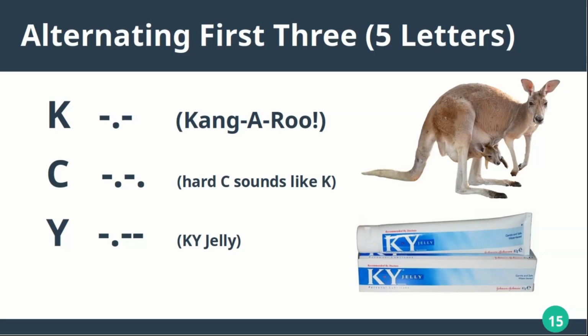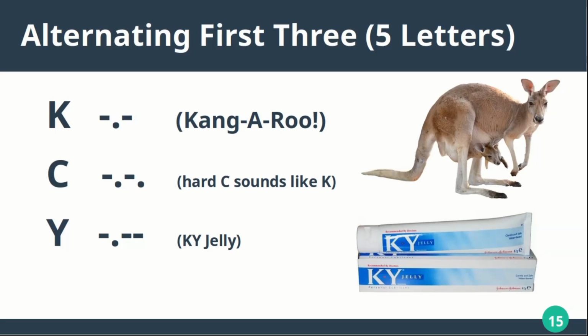How I remember it is that a C sounds a lot like a K, because they're also the same sound. A hard C sounds like a K. Then for a Y, in this group, I like to say KY jelly. It happens to be a petroleum jelly that's sold, a popular brand in my area.